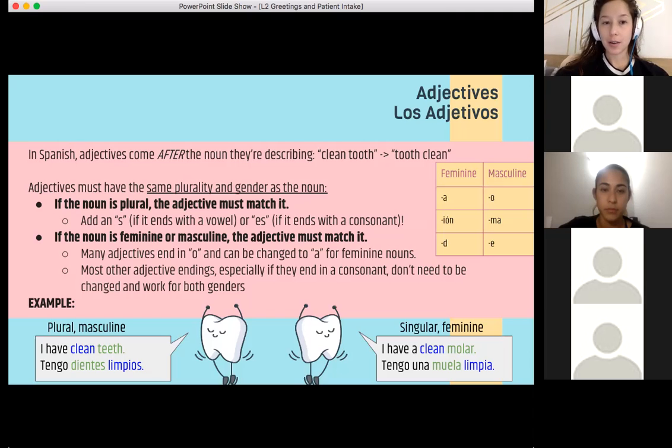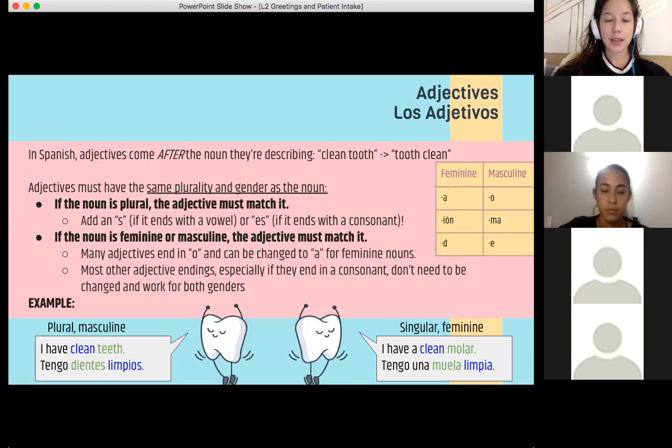But just like the articles, they need to agree with the noun's plurality, if it's singular or plural, or what the noun's gender is. So in English, we'd say clean tooth, but in Spanish, we'd say tooth clean because the adjective comes after. So if the noun is plural, the adjective must become plural. You simply do this by adding an S if the adjective ends with a vowel, or an ES if it ends with a consonant.